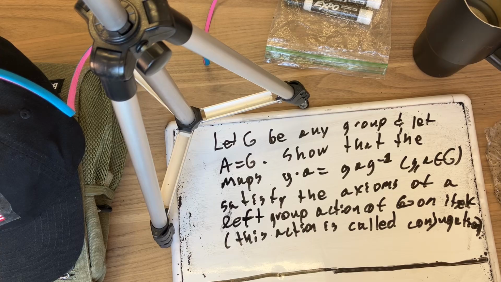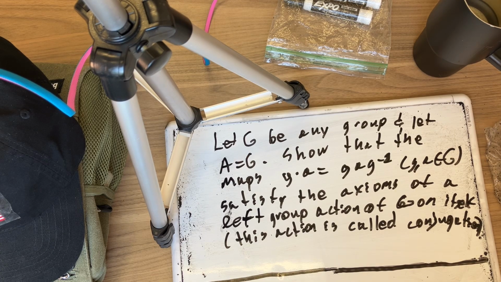So conjugation is transporting, bear with me here. Conjugation is transporting A into G's coordinate frame, let's say, and back. The inverse on the right restores the order so that G sub 1 dot open parentheses G sub 2 dot A close parentheses is equal to G sub 1 open parentheses G sub 2 A G sub 2 to the negative 1 close parentheses G sub 1 to the negative 1.